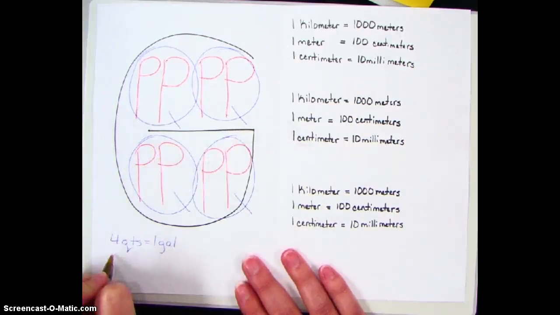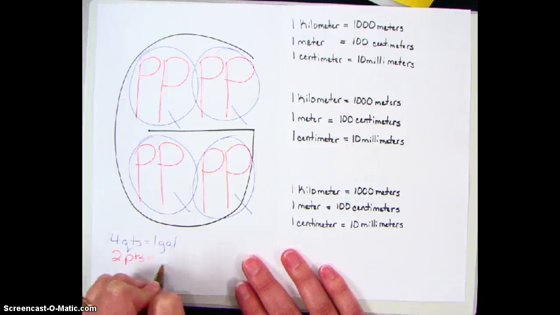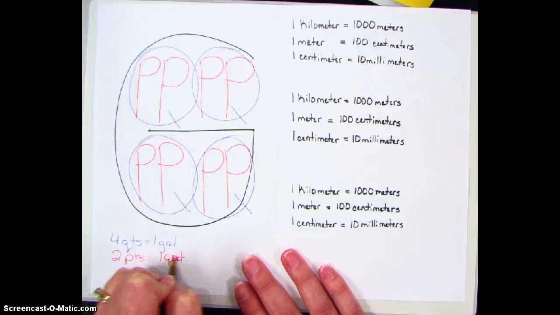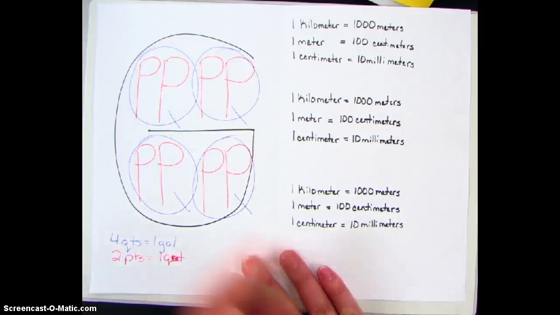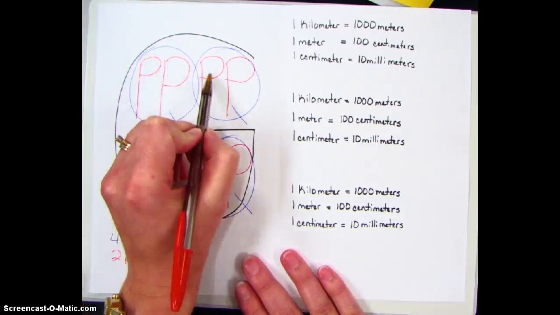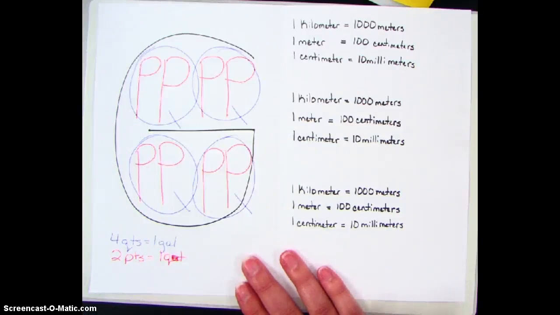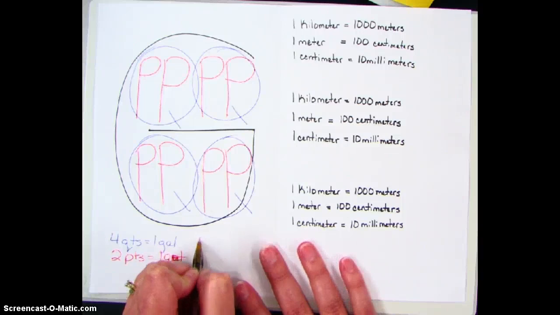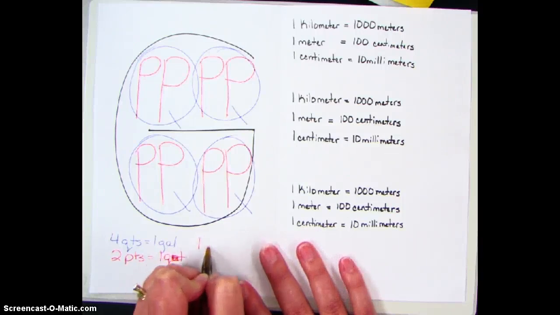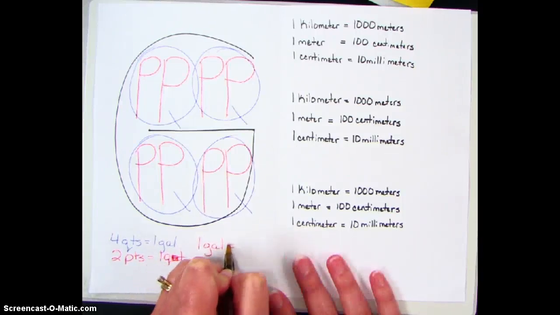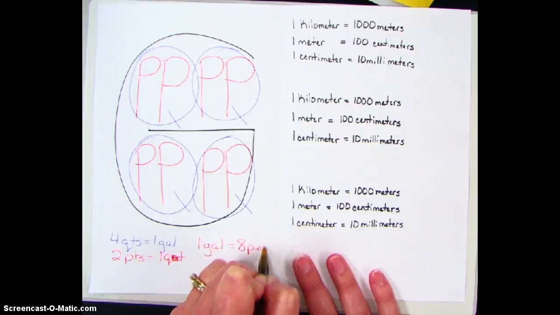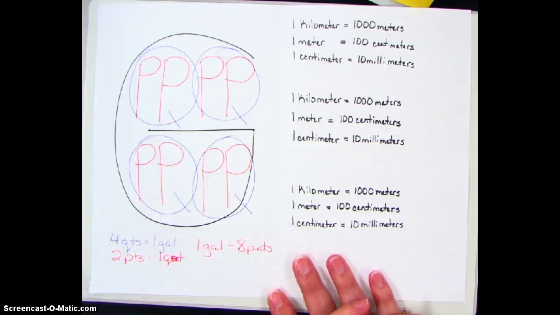So we have 2 pints equal to 1 quart. And if you look at it, you count 1, 2, 3, 4, 5, 6, 7, 8 P's, or pints, is equal to 1 gallon. So that's a new conversion that we have just made. 1 gallon is equal to 8 pints. All right, let's keep moving on.